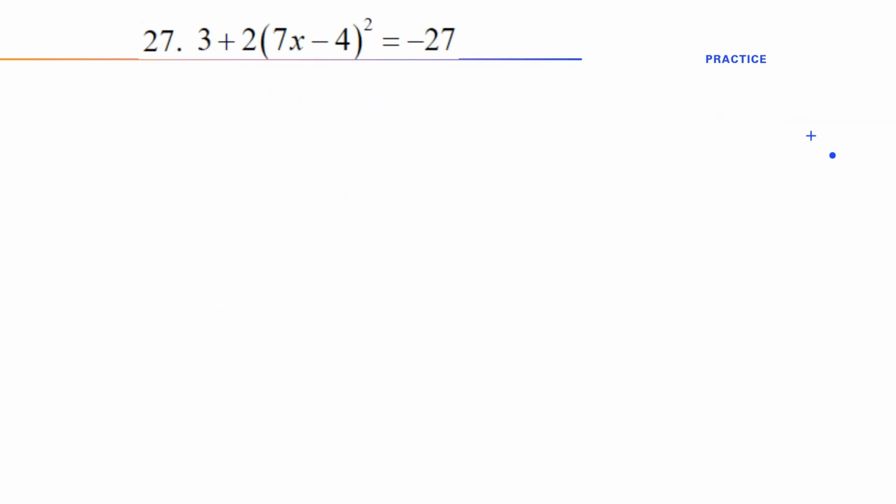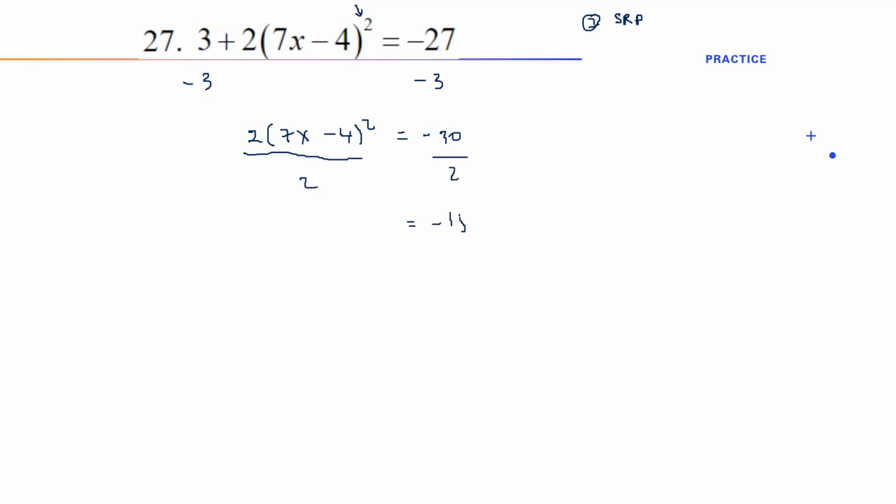Okay, number 27. Now it looks like we can use the square root property, right, to solve this problem. Quadratic equations. Here we go. Subtract 3 from both sides. That is negative 30. 2 times 7x minus 4, squared. Now divide both sides by 2.